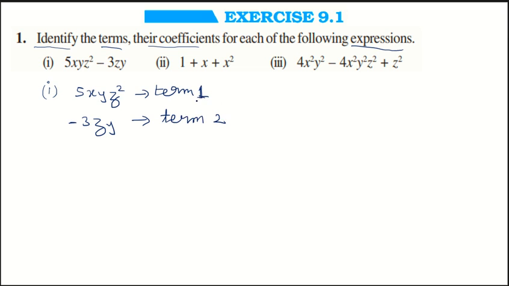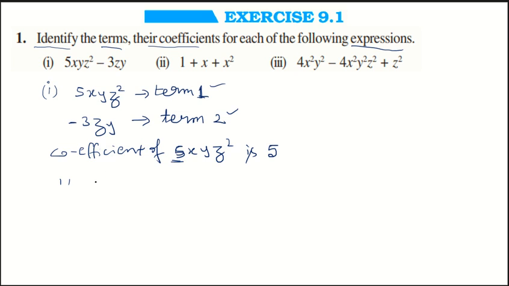So we have got totally 2 terms, and when it comes to the coefficient of first term, let us say 5x y z square, it is 5 because it is the numerical part.